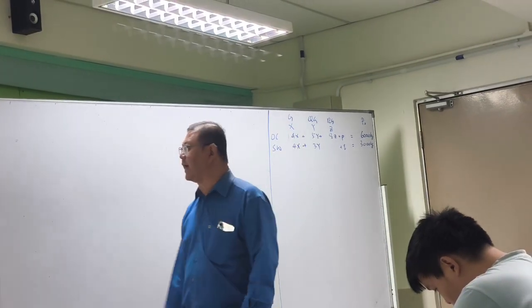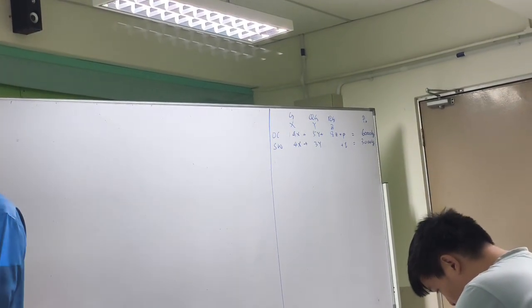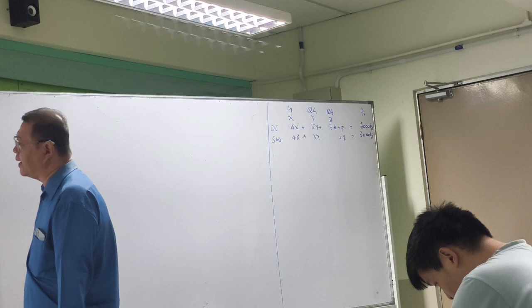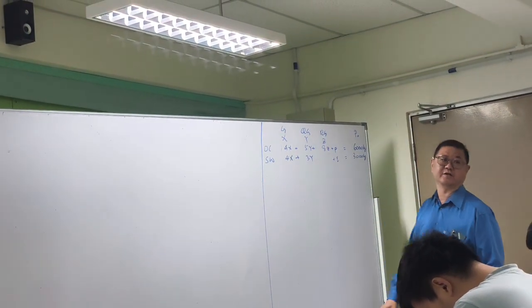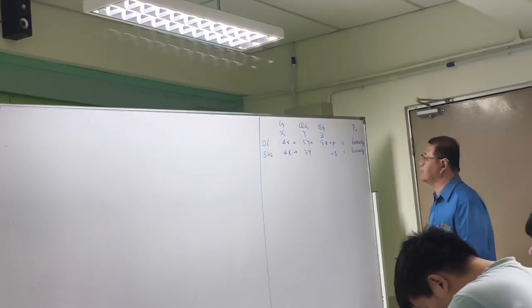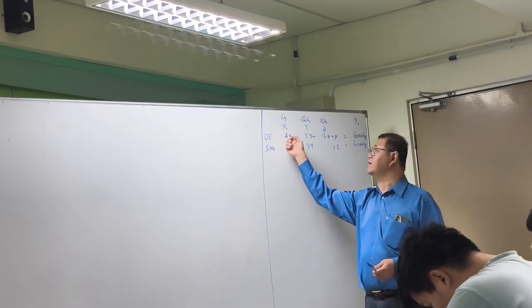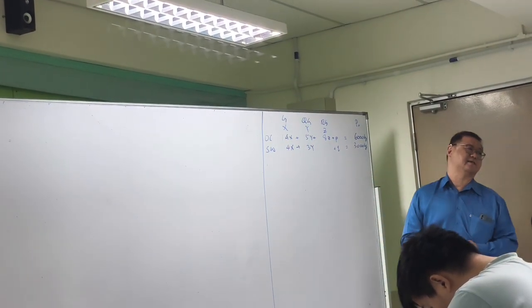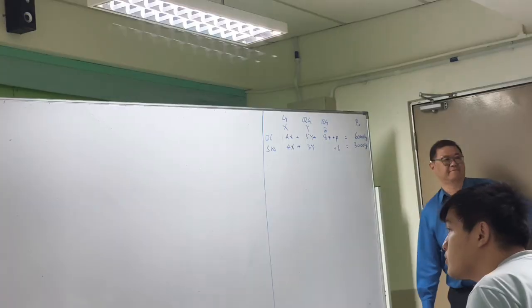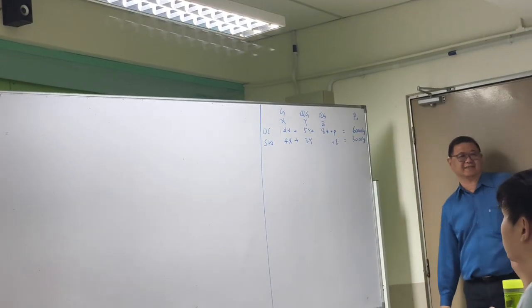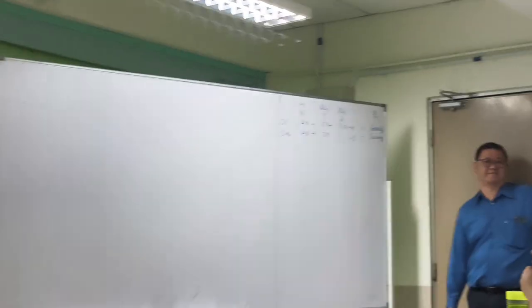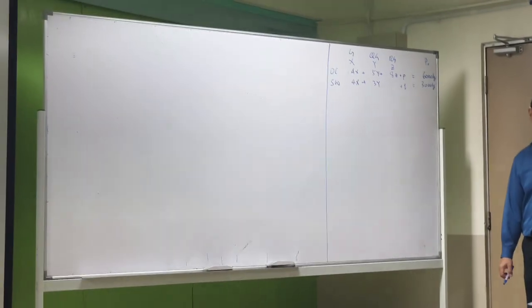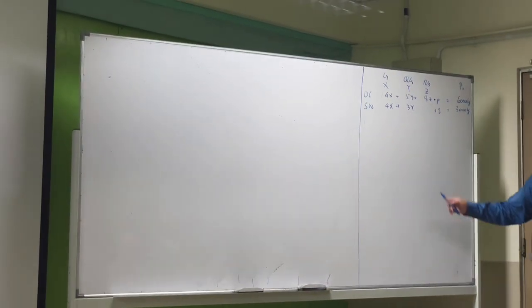But you were told that the company has set the maximum total output per week as 10,000 kg. So now if we look at this one here, what is the unit for X? You see here it says 4 kg.